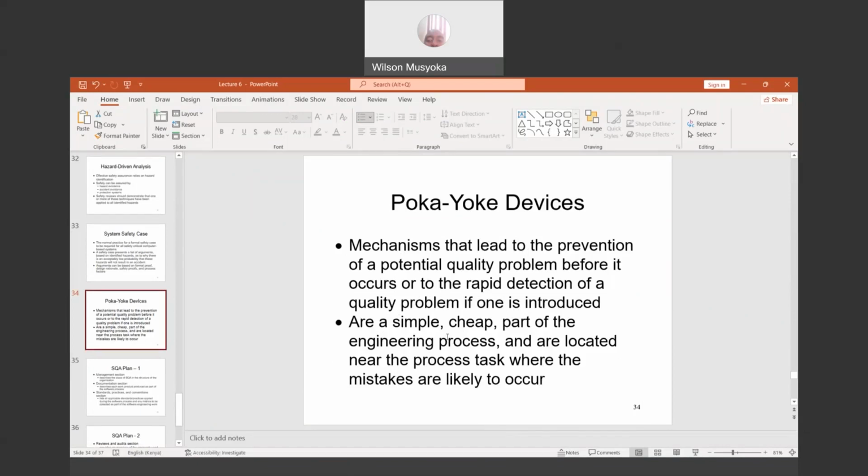So it's like you are introducing a problem to see if the system is able to detect, or withstand that problem or error, and then you correct it before you release the system to the market or to the user. That is what is meant by poka-yoke devices.